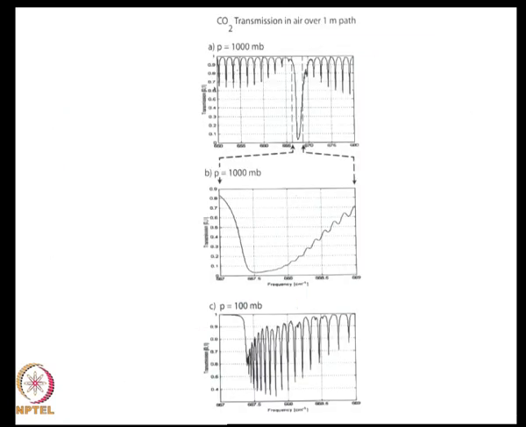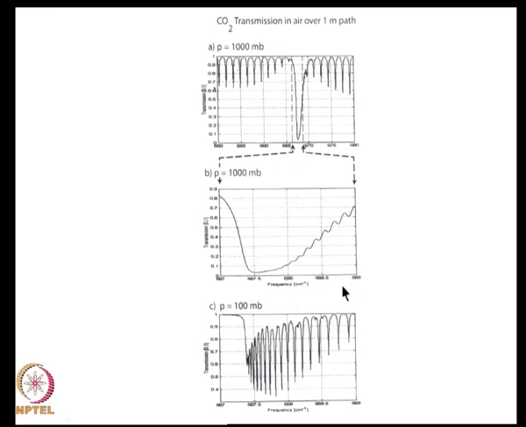Now, this point is further illustrated in this graph, where the transmission of carbon dioxide through a 1 meter depth of the gas is shown for surface pressure, where you see a large number of lines with a center region there. Now, if you want to know what happens when the same gas is looked at, we take this portion between 665 and 670 and expand it.